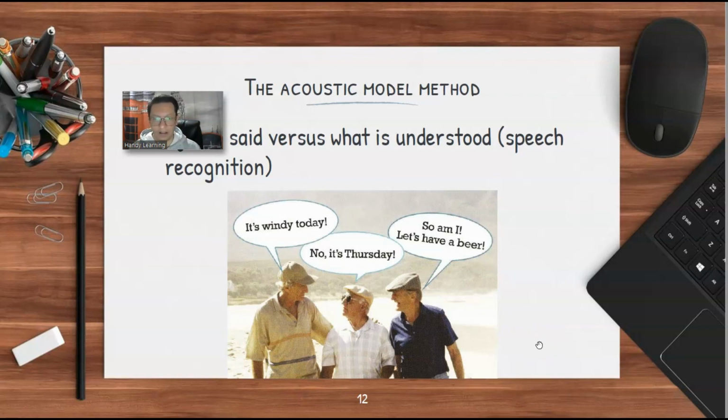The other man understands it's Wednesday, so he replies, "No, it's Thursday." And the third guy understands I'm thirsty, so says, "So am I. Let's have a beer." So this is called the acoustic model. All of these items create the topic of ambiguity.